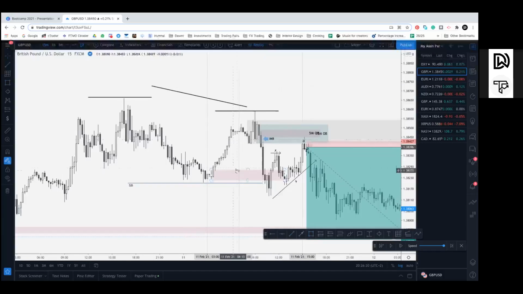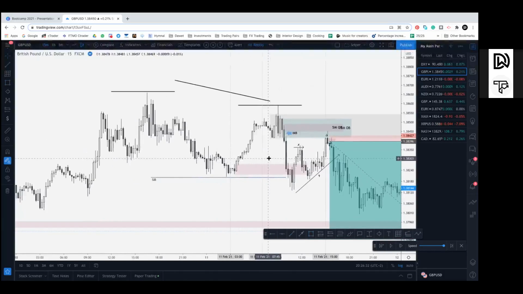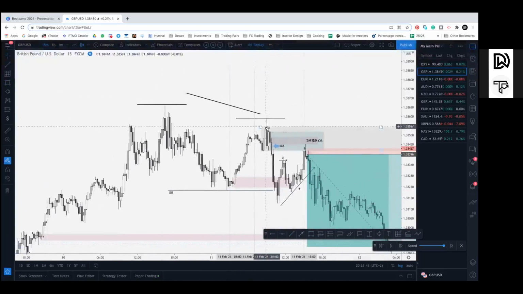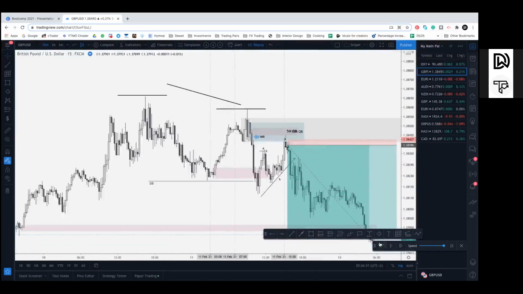That was the premise, and price didn't even respect it at all, just plummeted through it and broke this low. So when it broke this low, we had the structure break on the 1 hour, very clear, and I shifted my bias, thinking, okay, price created these equal lows, lower high, and we can potentially see the rollover towards the downside.